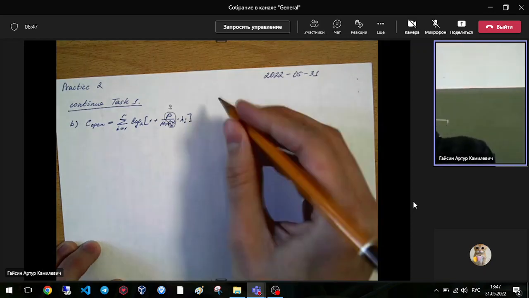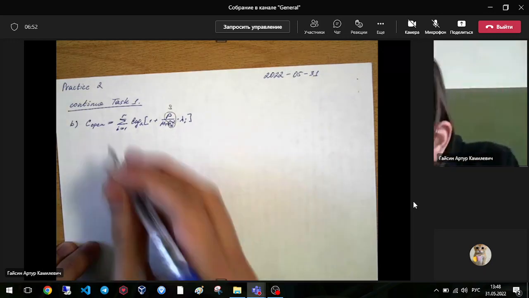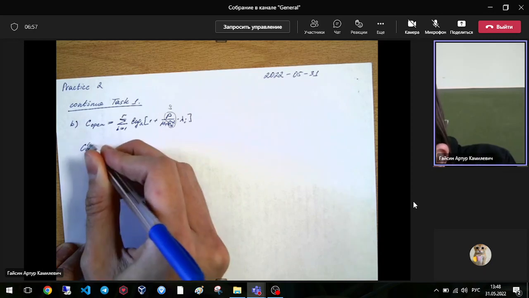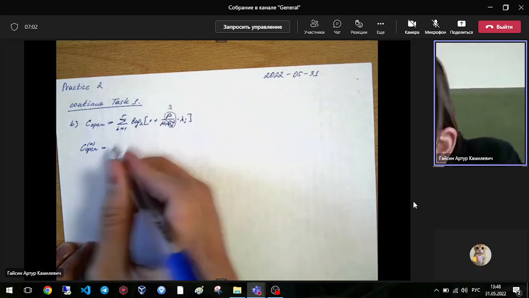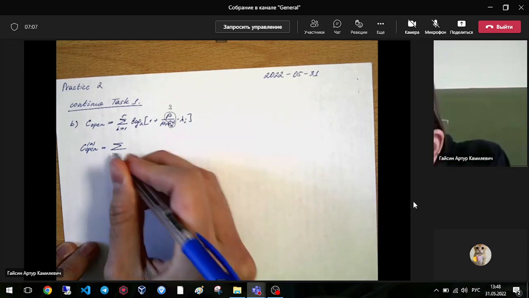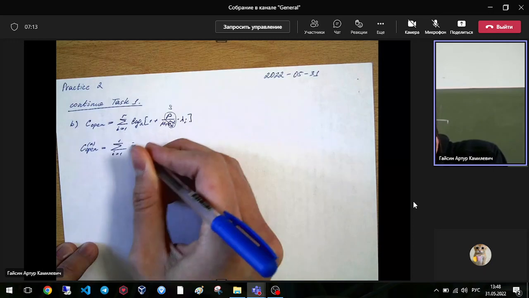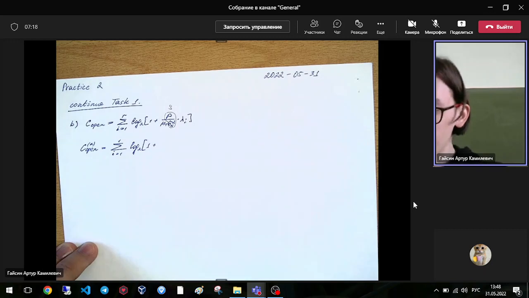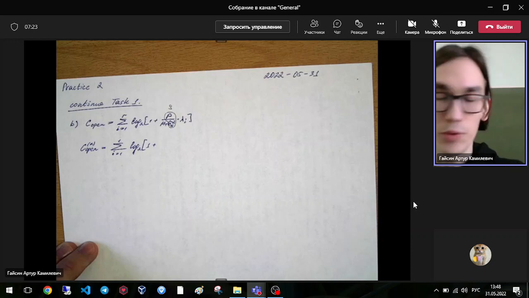So for our case, let's write for channel 1, C open with subscript A. In this case, we have the sum from 1 to 1, because we have only one eigenvalue. So i goes from 1 up to 1. Here we have logarithm base 2 of 1 plus, using our values, P is equal to 1.